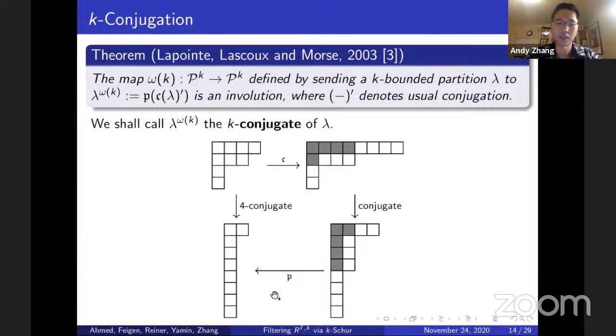Finally, we apply the inverse map by removing the gray boxes and sliding everything to the left, and we get another 4-bounded partition, 2111111. These are described by Lapointe, Lascoux, and Morse in their 2003 paper.